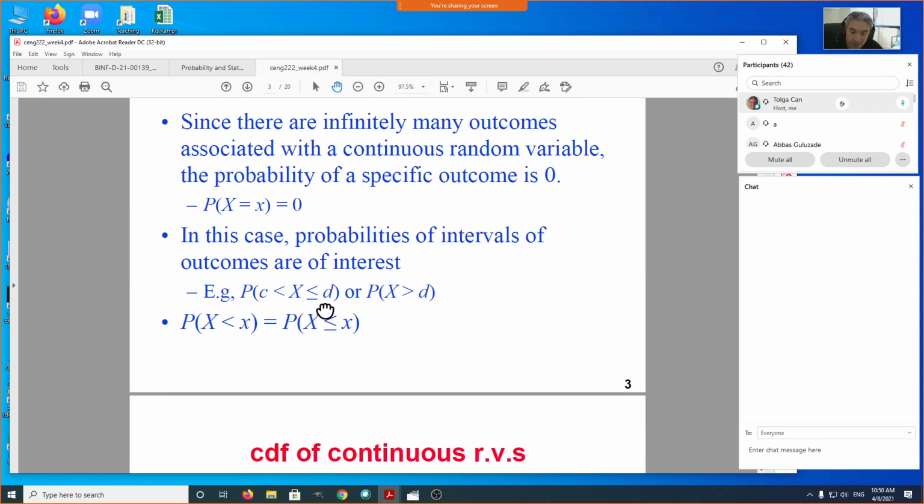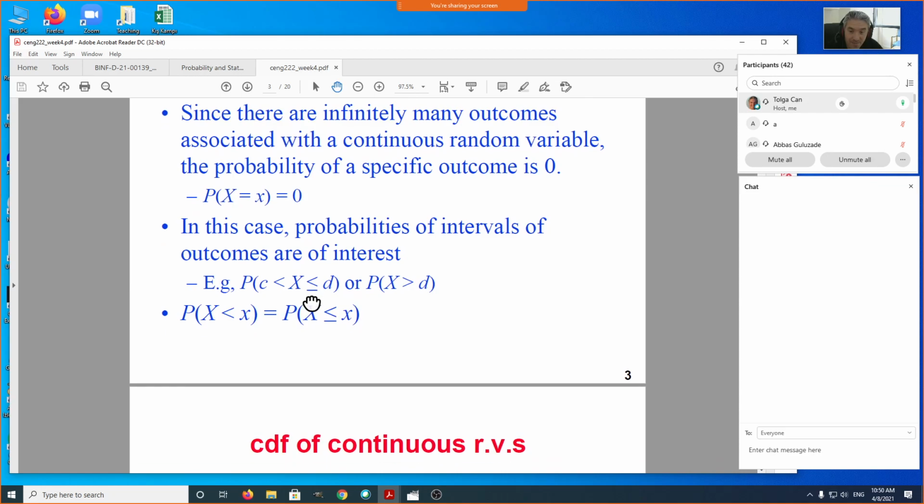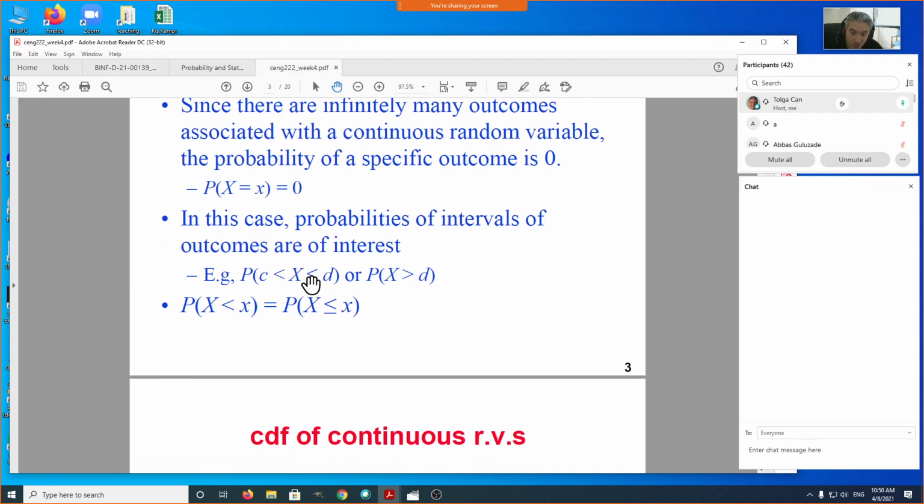And if x is continuous, it doesn't matter whether this is an inequality or less than or equal to, okay? Whether there's an equality involved or not will not make a difference, because the probability of x equal to d is 0. So when you're computing the area under the curve, whether the boundaries are included or excluded doesn't make any difference, because the area of a single edge is 0.